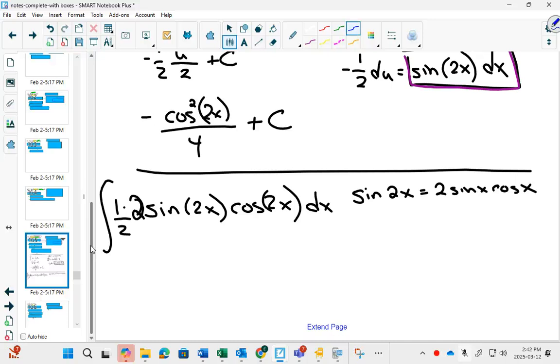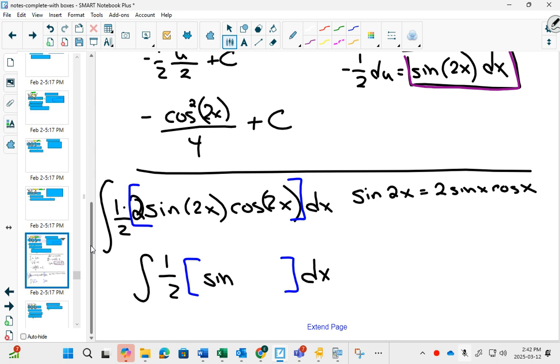And now all of this in the blue bracket matches this on the right-hand side, but instead of an x, I have a 2x. So if I wanted to, I could change this. The half would still be there, but now in this blue set of brackets, I would have sine 4x.